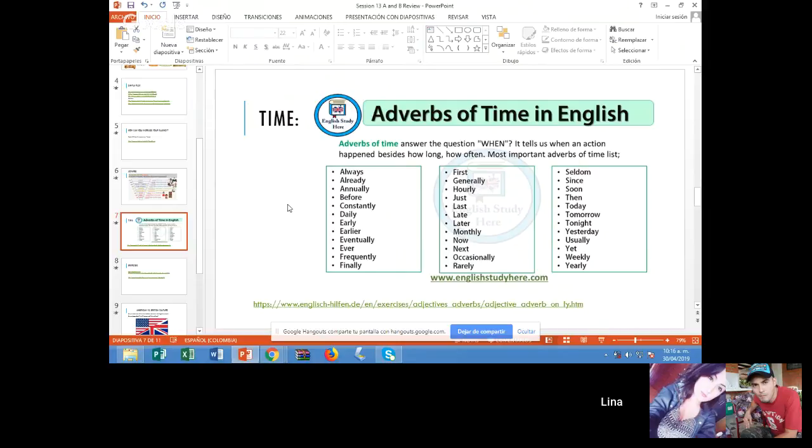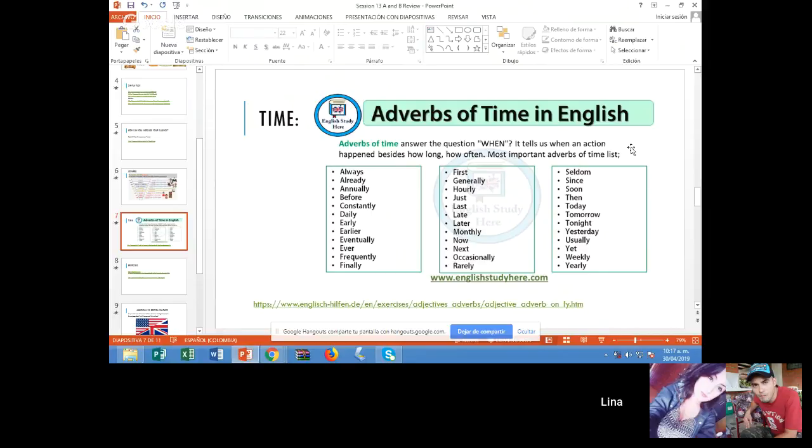Like we can see here, some adverbs finish with ly. So I hope you can check this because this is important for us to express or modify a verb.